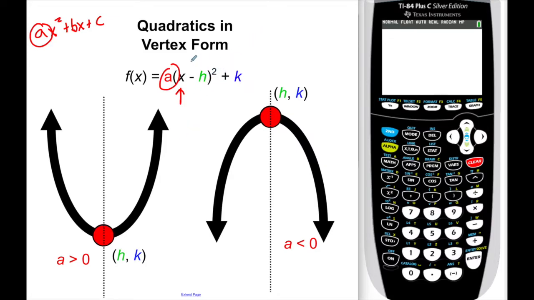Essentially, what's going on here is that we have some quantity, and this quantity is being added to a number k. Notice that k is a constant. No matter what x is, it doesn't matter with regard to k. It's always going to be the last step of adding k.